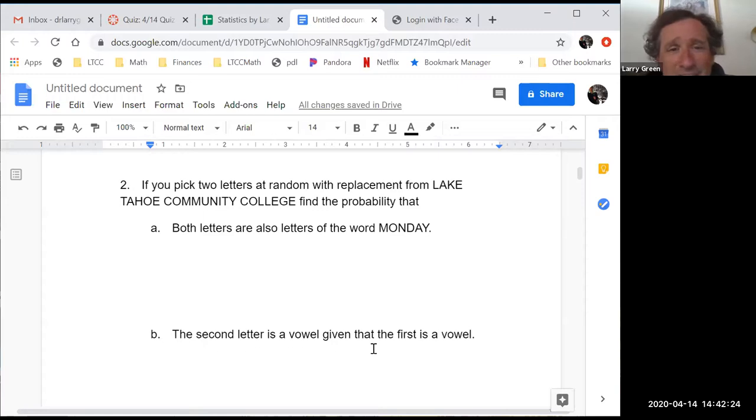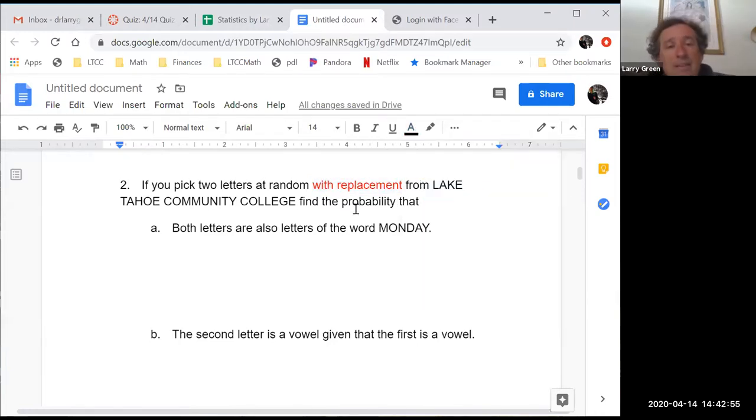Okay, so if you pick 2 letters at random with replacement from Lake Tahoe Community College, find the probability that both letters are also letters of the word Monday. Okay. So let me tell you what this means first. I'm going to highlight it: with replacement is very important.